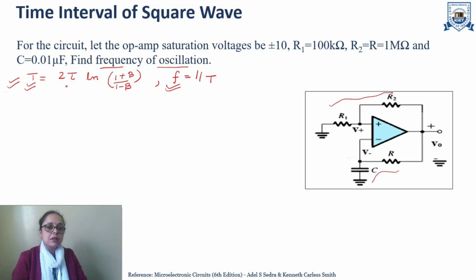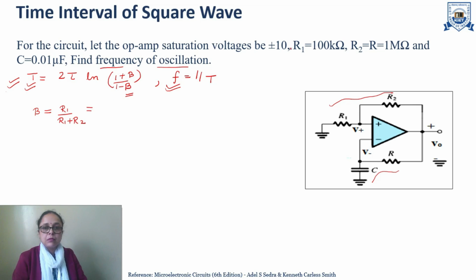Now, in this equation, first of all, we will see which are the parameters that we have to calculate. The first parameter is beta. Now, what is beta? From this feedback path, we can see beta is R1 divided by R1 plus R2.